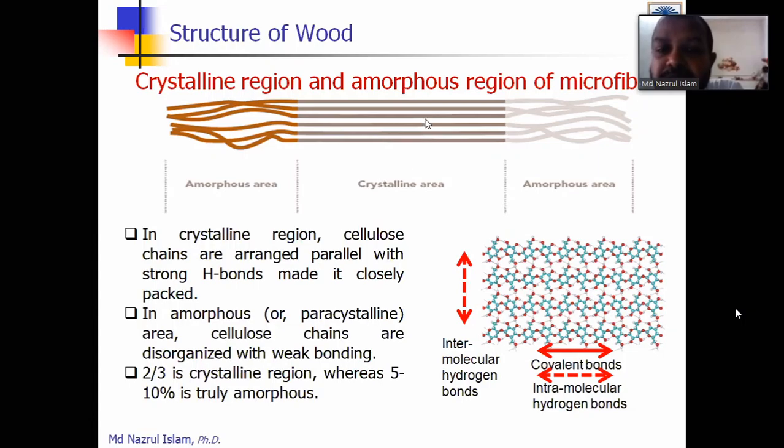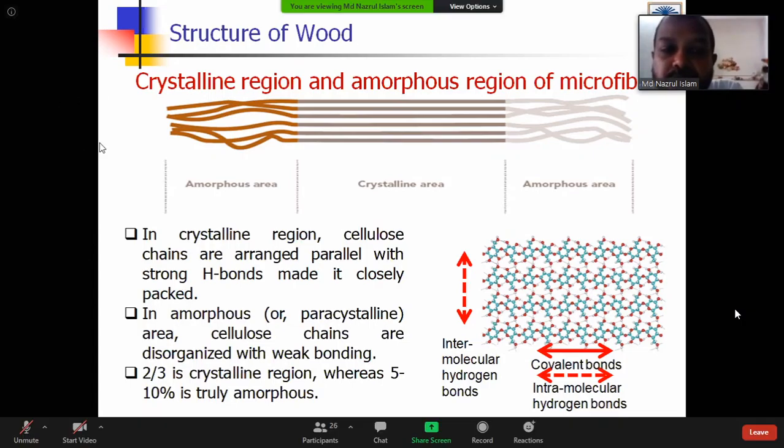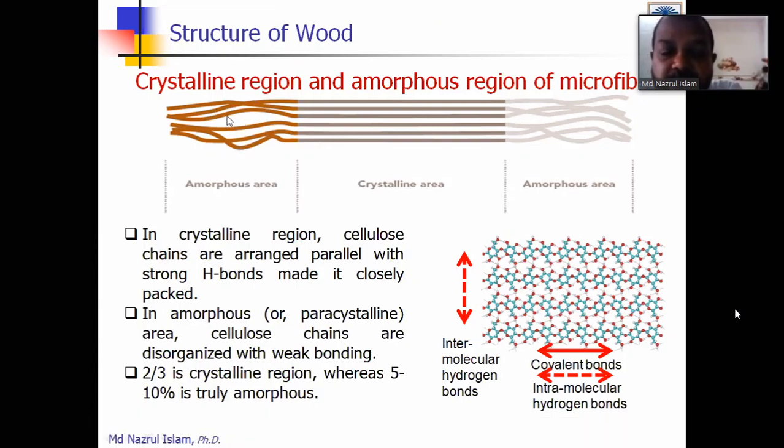When the chains are parallel, the bonding between two cellulose chains is regular, so it is stronger. However, when the cellulose chains are not parallel, the bonding is not regular, and because of those irregularities the bonding is not stronger. So this section has the affinity to water.